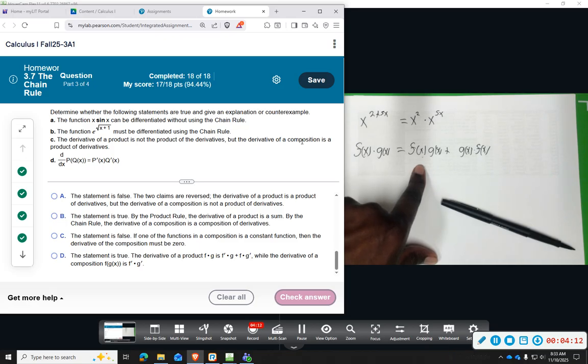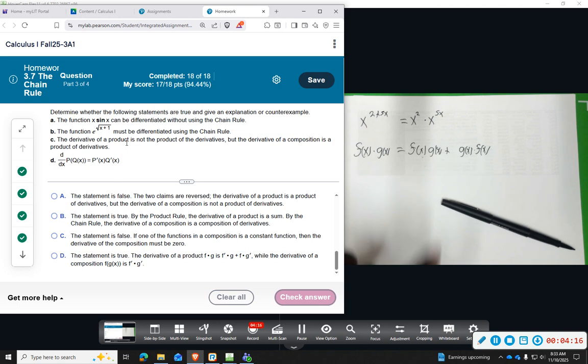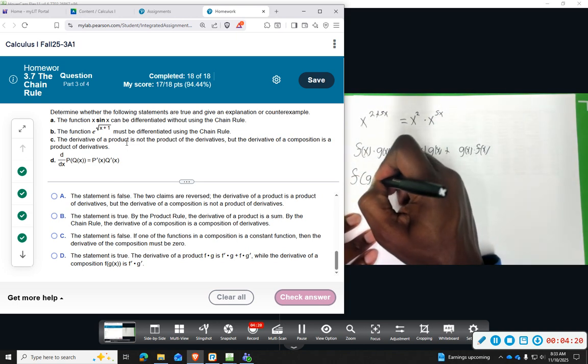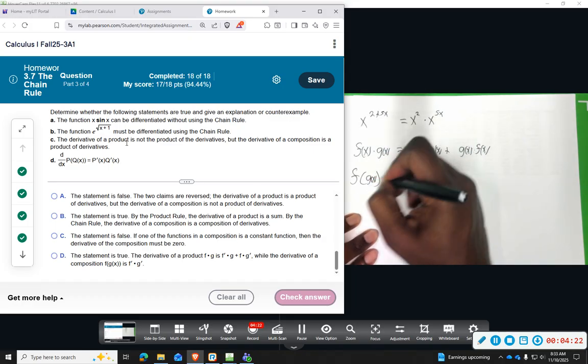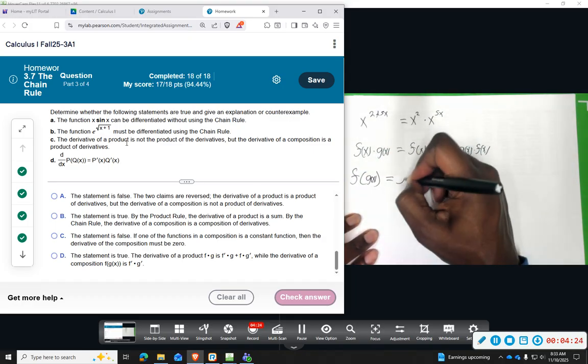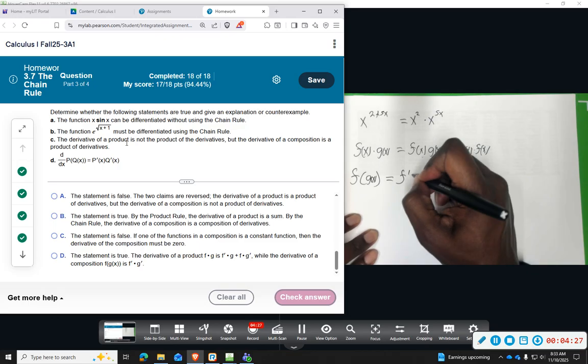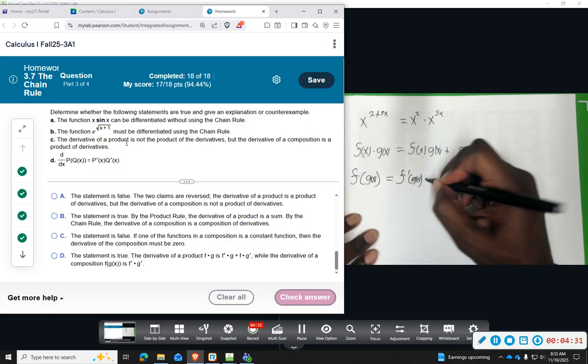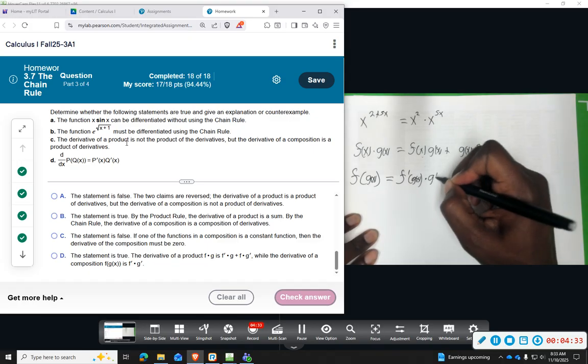But the derivative of a composition is a product of derivatives. So composition, let's say we had f of g of x. Okay, so when we do this, we get the derivative of f evaluated at g of x and then times g prime of x.